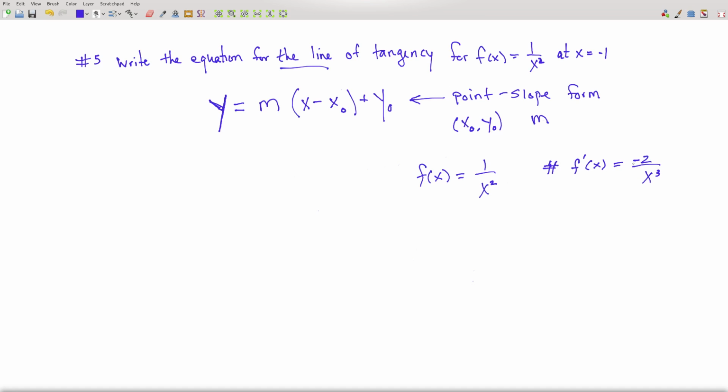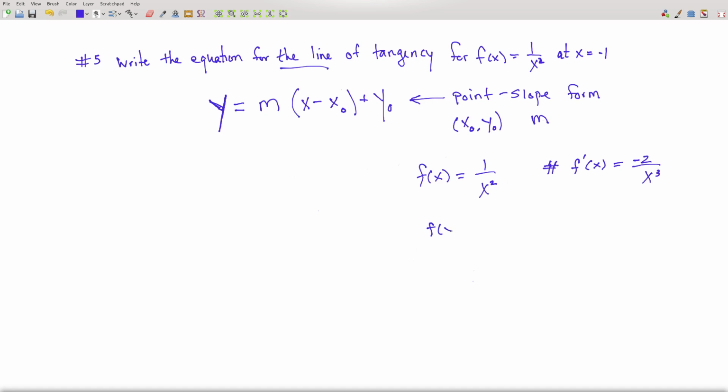This is a test-taking strategy: if the test tells you important information in previous or different questions, feel free to use it. They're not lying to you, or they shouldn't be. But maybe you didn't notice that the test already told you what that derivative is, and you need to find it yourself.